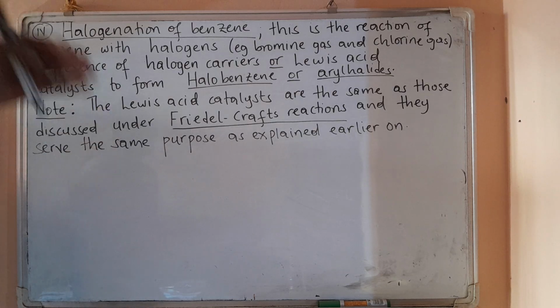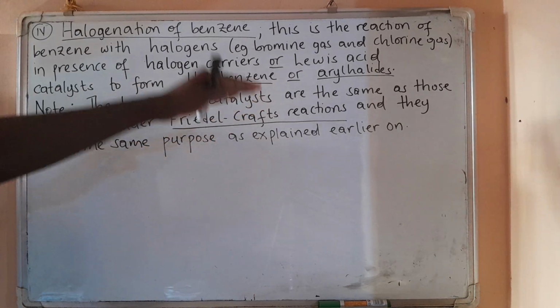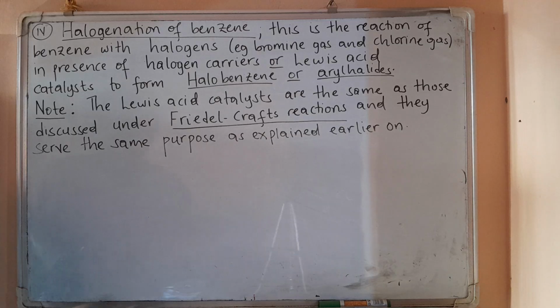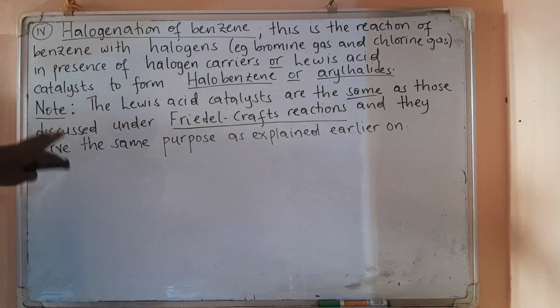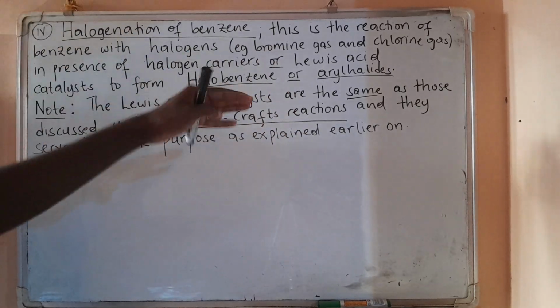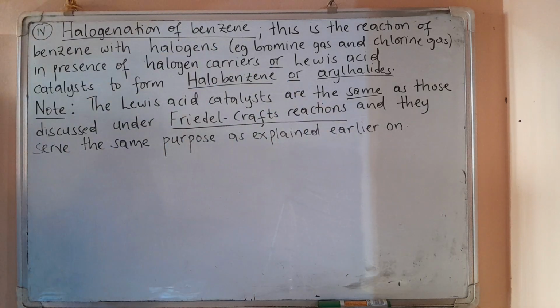Since the reaction occurs in presence of Lewis acid catalysts or halogen carriers, these Lewis acid catalysts are the same as those discussed under Friedel-Crafts reactions, that is Roman 2 and Roman 3. They serve the same purpose as explained earlier on.